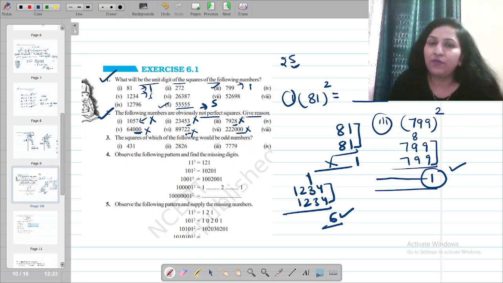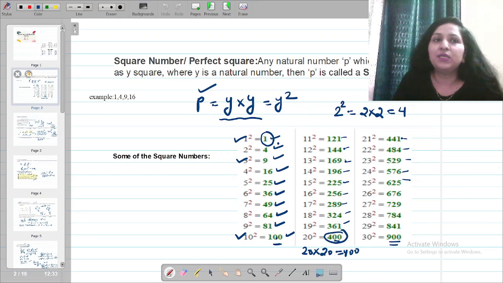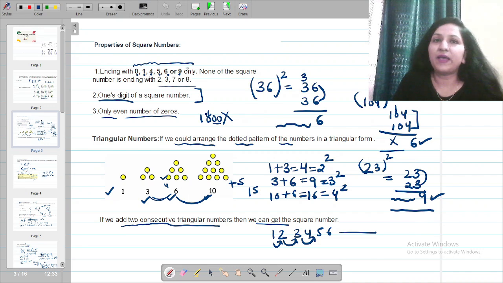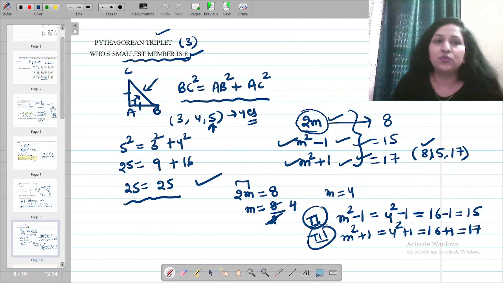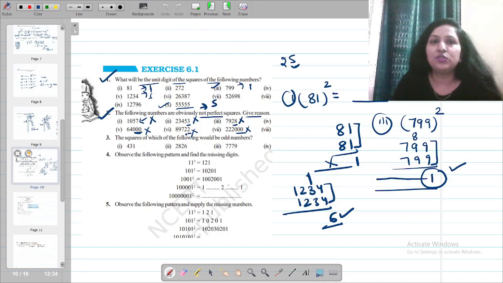If you get confused, you can also find the square root, but please remember that square numbers never end with these digits. 0, 1, 4, 5, 6, 9: the answer is yes. But if it is 2, 3, 7, 8, it is absolutely no. In this particular question, we were getting those digits only, 2, 3, 7, 8, or an odd number of zeros. So your answer is no here.